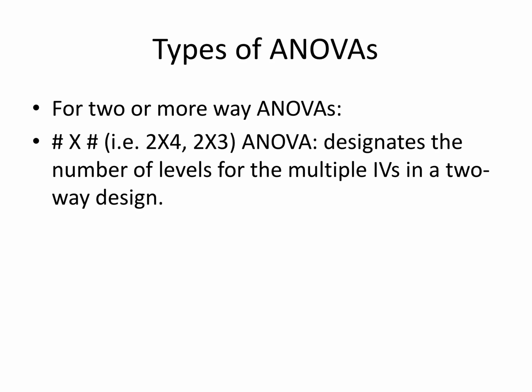So you might say 2x4 or 2x3 ANOVA, and that tells me the number of levels when you have multiple IVs in a 2-way design. We're going to combine that with the terms between subjects, repeated measures, or mixed to get a completely descriptive point on what type of ANOVA this is.